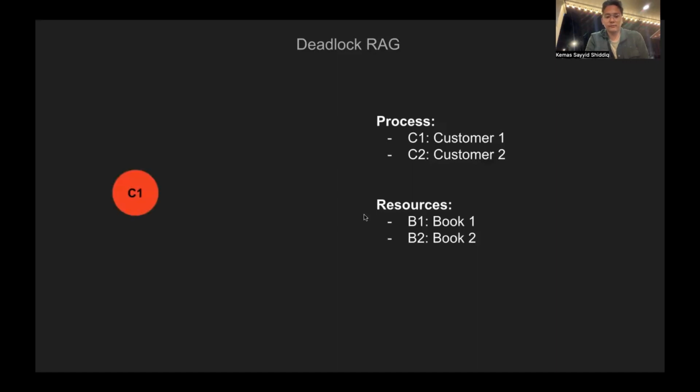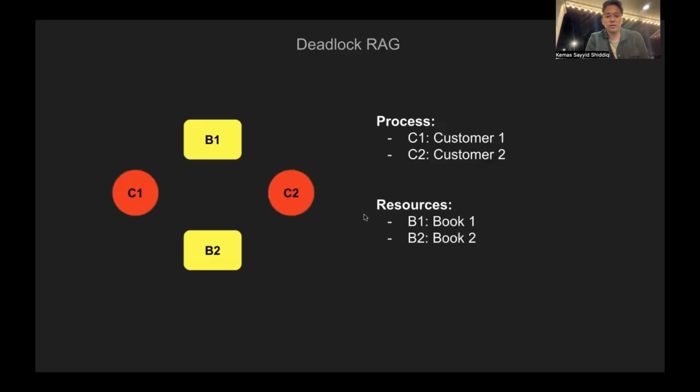This is our graph, C1, C2, B1, B2, but there is a circular wait. And then we also have hold arrows and request arrows. This is what I mean by circular wait.